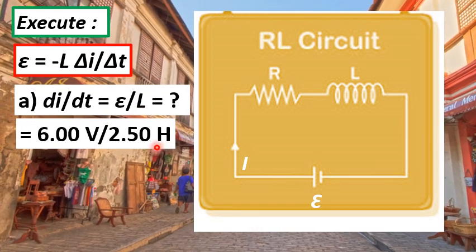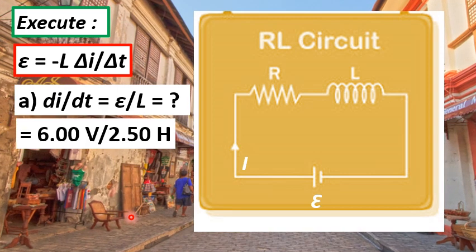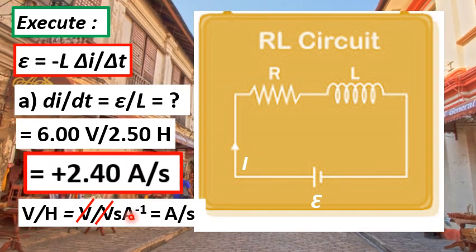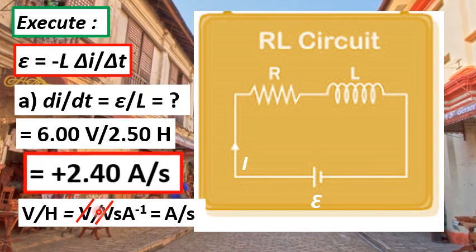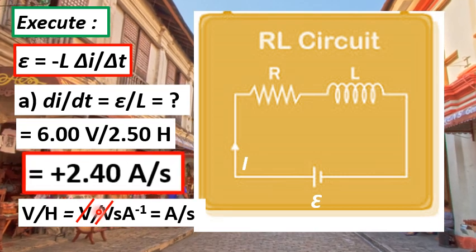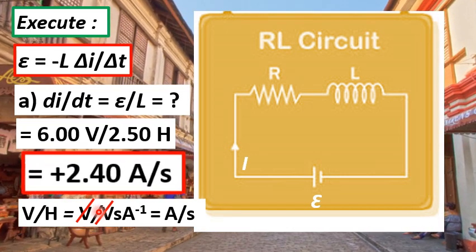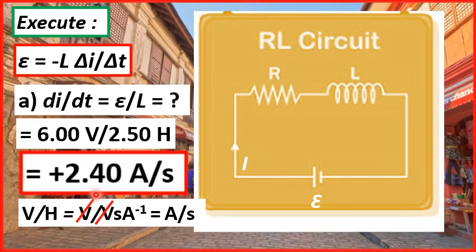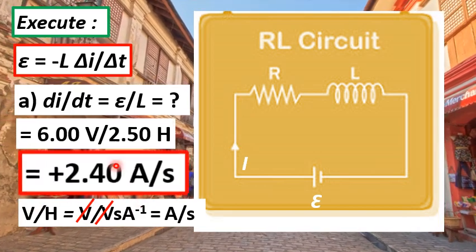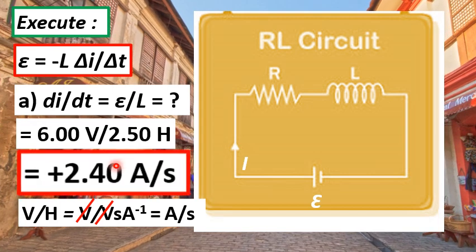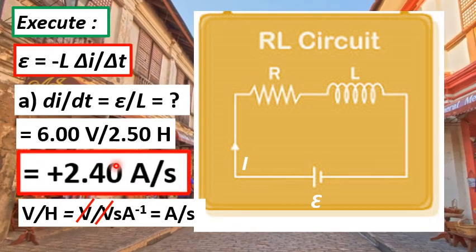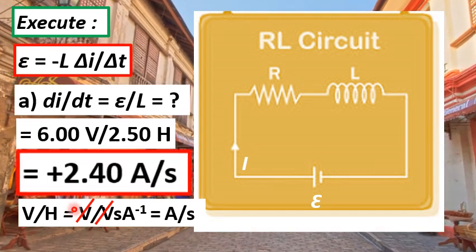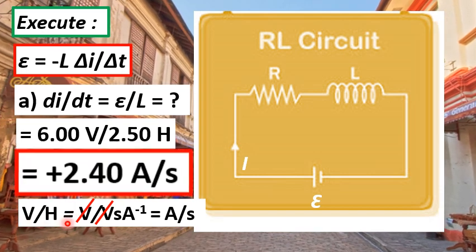So when we simplify, we get the value of the rate of increase in the current at time equals 0. That is equal to positive 2.40 amperes per second. It is positive since initially the current is increasing positively.